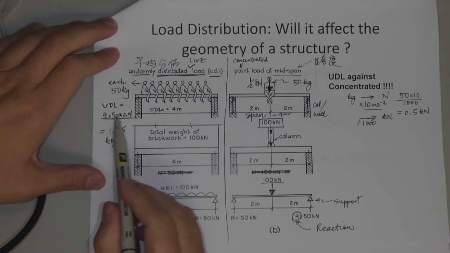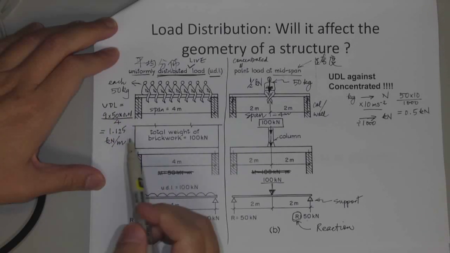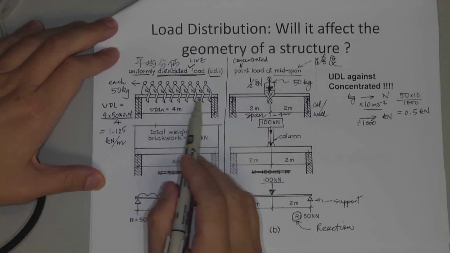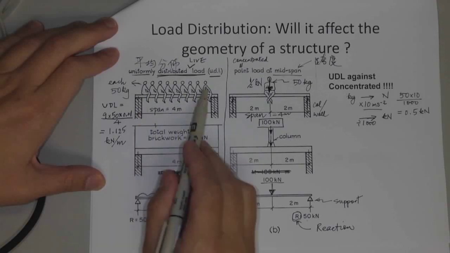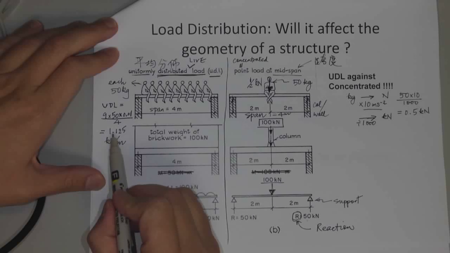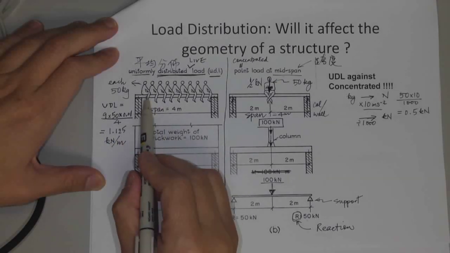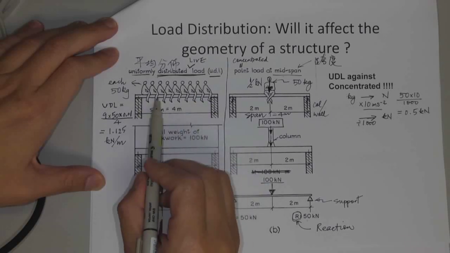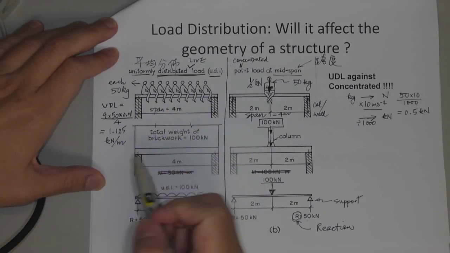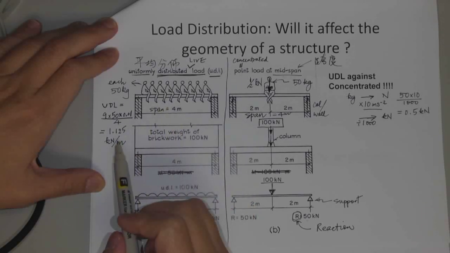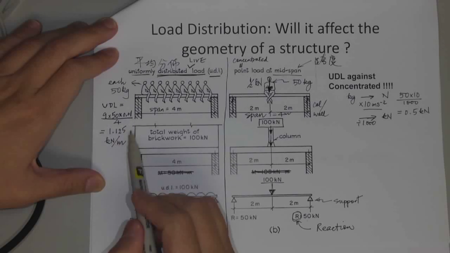On the top is kilonewton, on the bottom is meter. So kilonewton per meter. Or in other words, I treat the weight of these 9 persons as a UDL with 1.125 kilonewton on each meter along the length of the beam. 每一米上邊有1.125個 kilonewton. Okay, that is the physical meaning of this number and the unit.